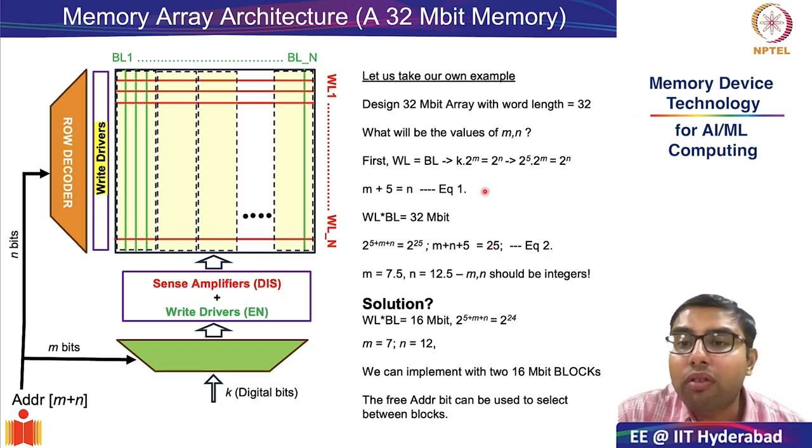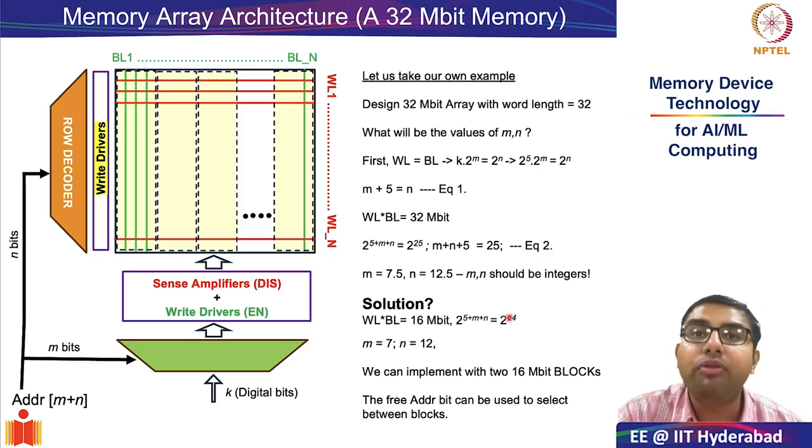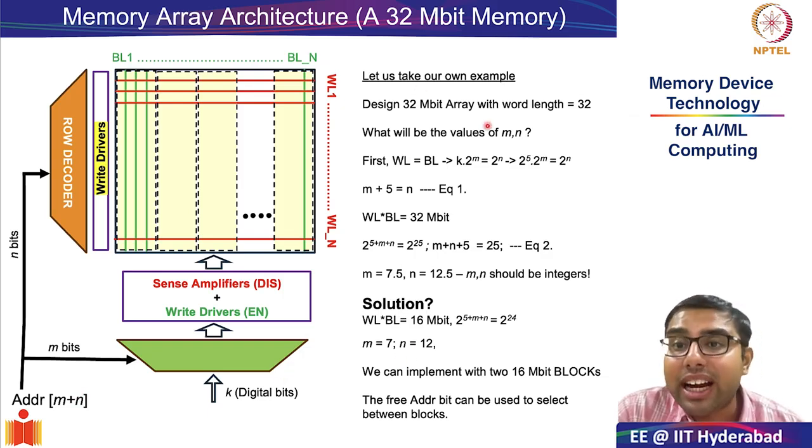Now if we solve equation 1, which is m plus 5 is equal to n, and 5 plus m plus n is equal to 24, we get a consistent solution of m is equal to 7 and n is equal to 12. This means that the total size of the address bus has to be at least 19. However, our target was to build a 32 megabit array.